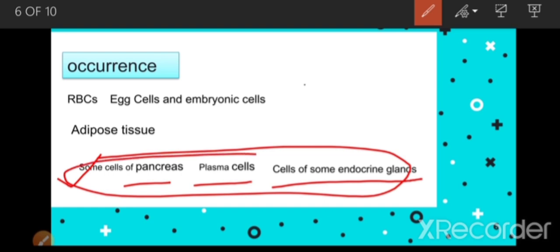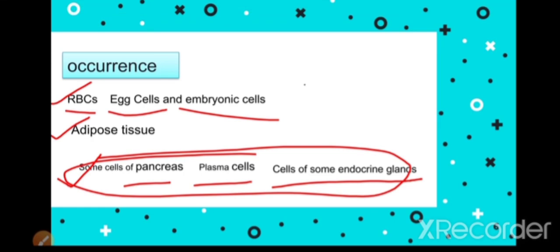But in adipose tissue only the smooth endoplasmic reticulum is present, while RBCs, egg cells and embryonic cells lack the endoplasmic reticulum. So we can conclude that the occurrence of endoplasmic reticulum varies from one cell to another cell.